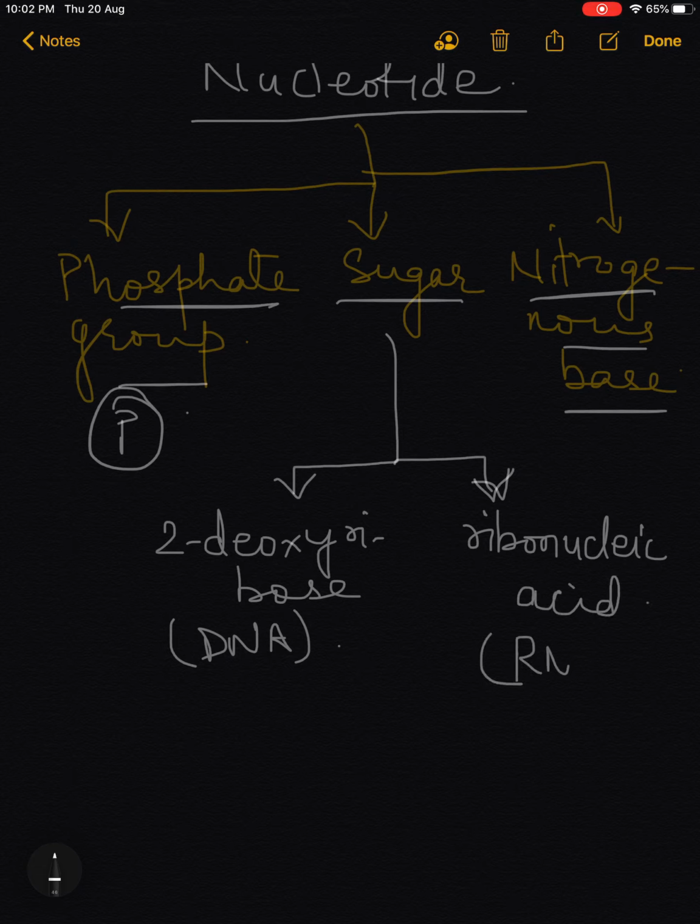That is why we have given the names DNA and RNA, because the sugar present in DNA is deoxyribose sugar, and the sugar present in RNA is ribose sugar. So these are the two types of sugar present in DNA and RNA.